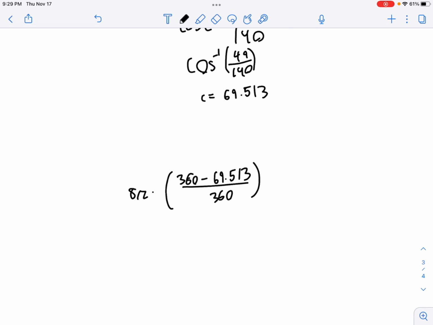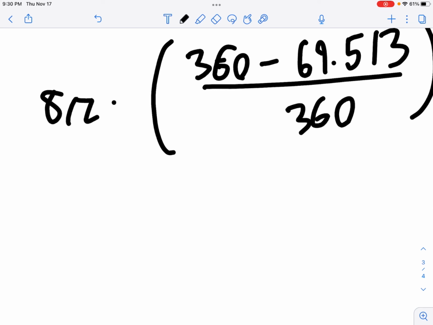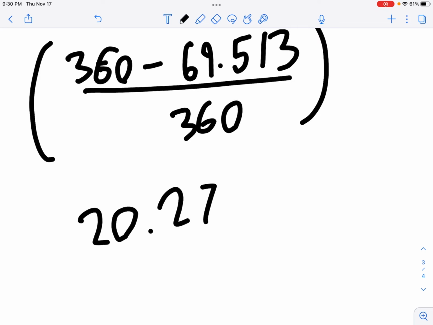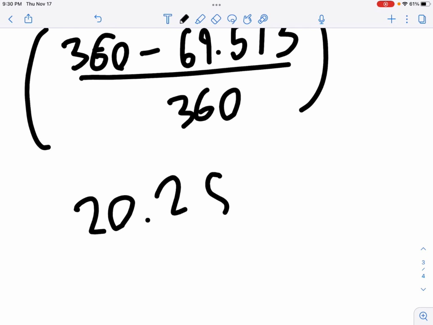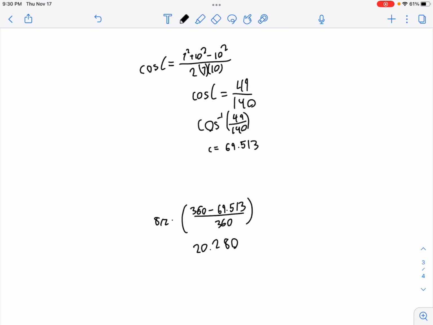And let me get my calculator out. 360 minus 69.513 is 290.487. Times 8 pi over 360, we get 20.279. Okay.